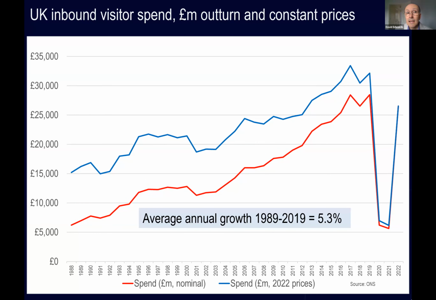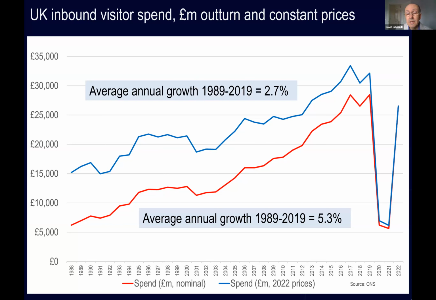Remember, in out-term prices, we were talking about annual year-on-year growth of 5.3% over those 30 plus years. But once we take inflation into account, that growth falls to 2.7% in what is termed real terms. So very often when we are talking about tourism expenditure, we do want to look at trends over time, so it's really important to take account of inflation.